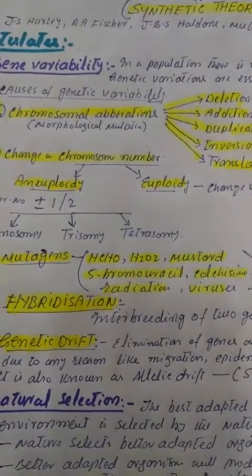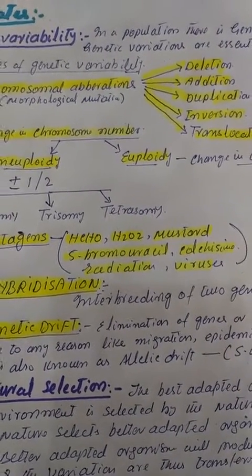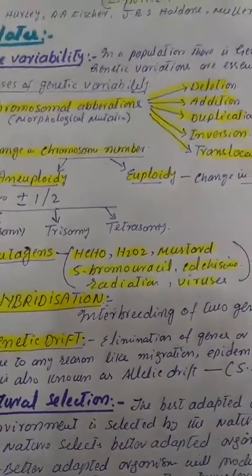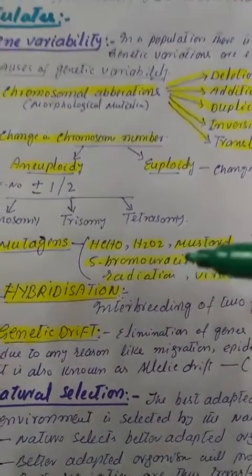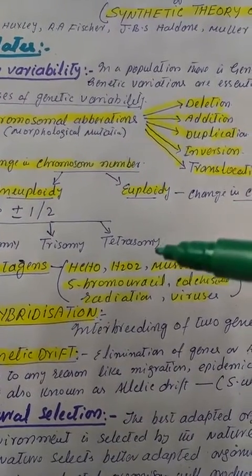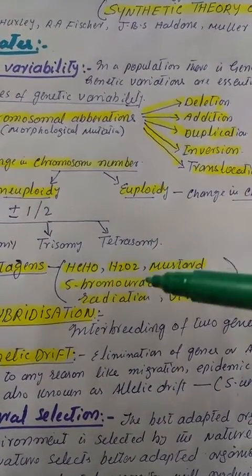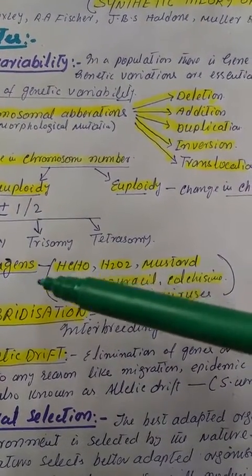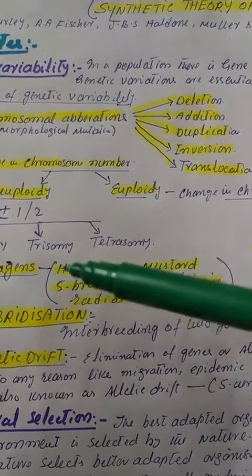The third cause of genetic variability is mutagens. These mutagens are basically chemical substances which cause mutations or genetic variability. For example, formaldehyde, HCHO, is a chemical mutagen.